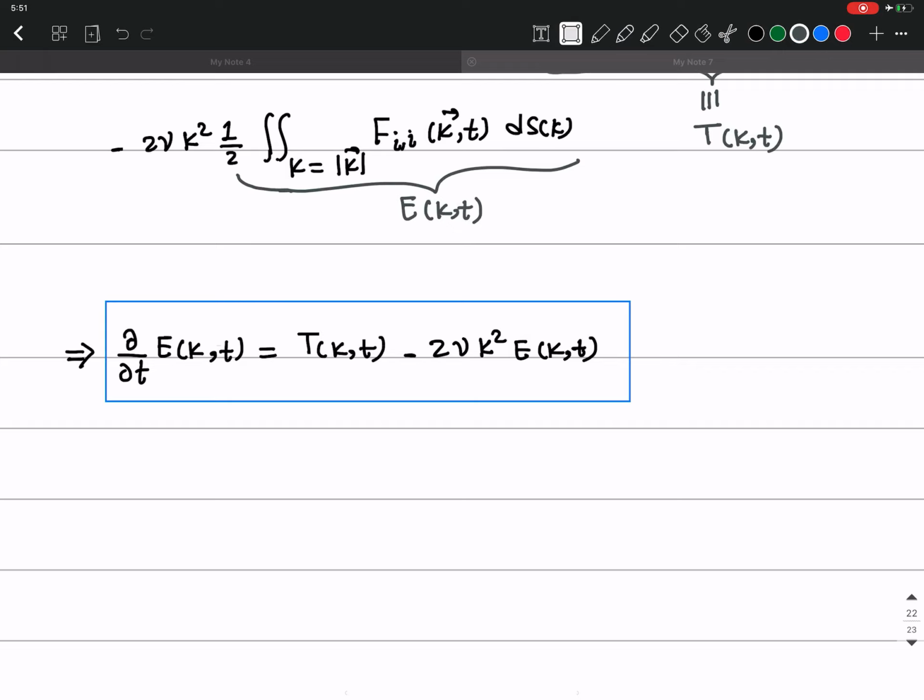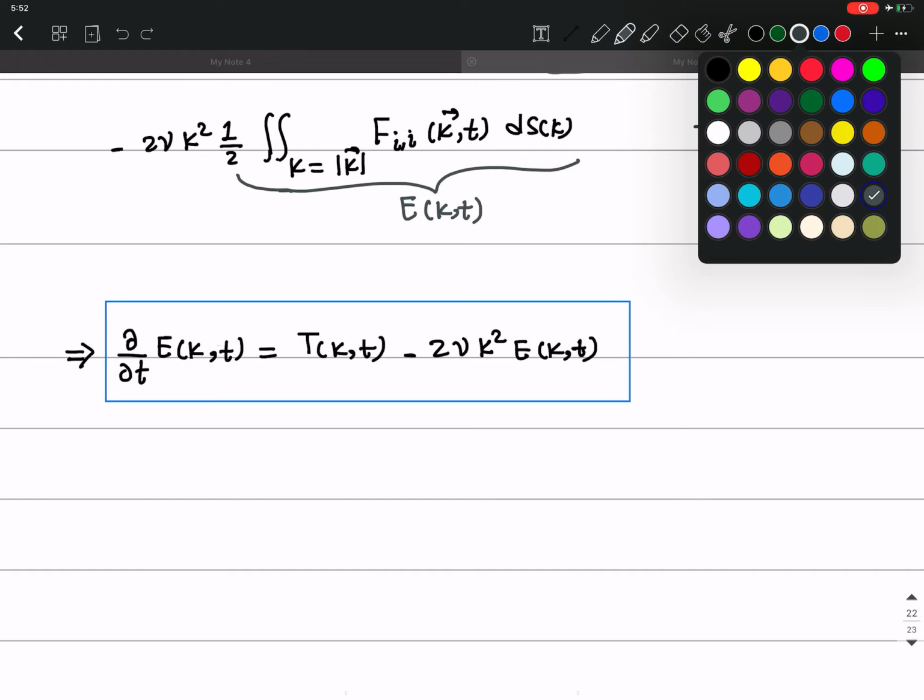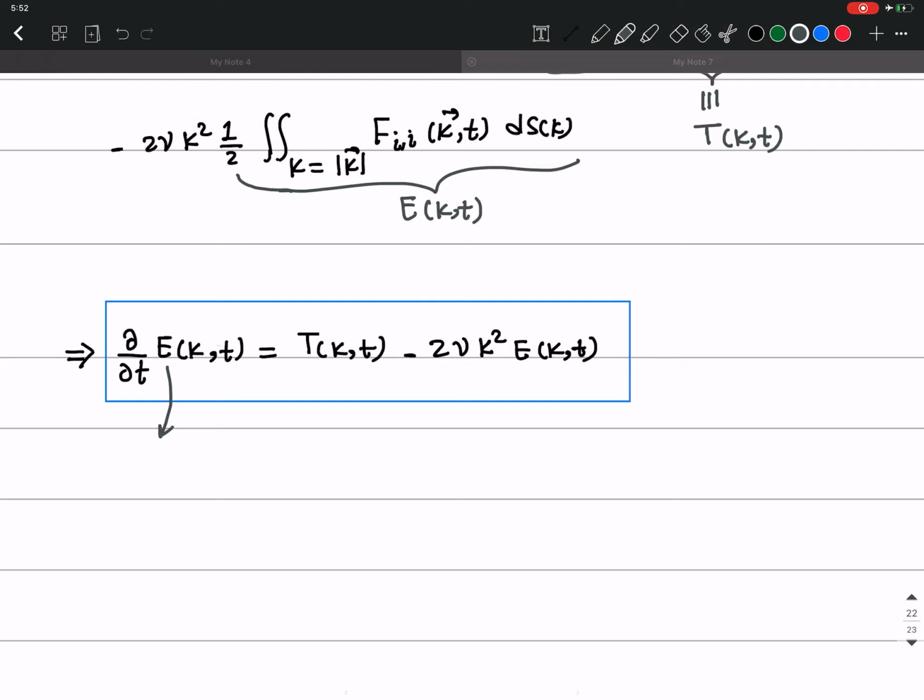Again, this E is the 3D energy spectrum function, and this T is the nonlinear spectral energy transfer function.